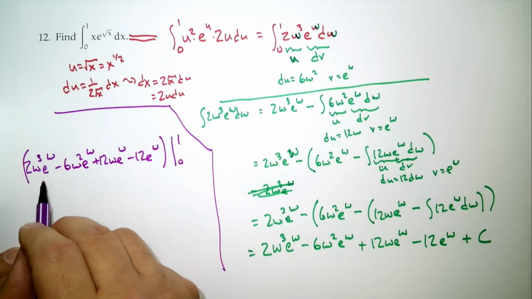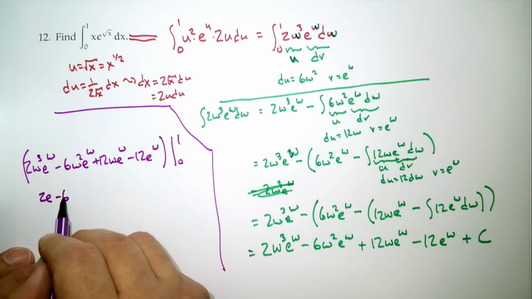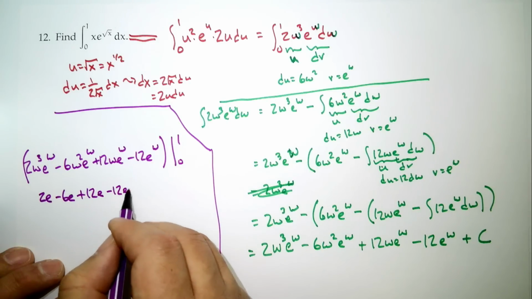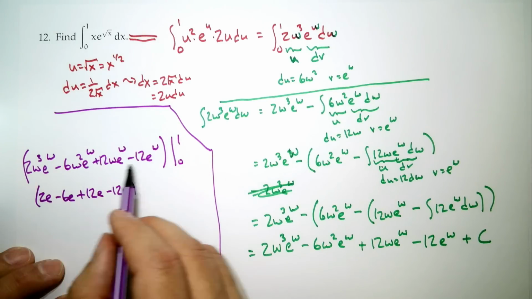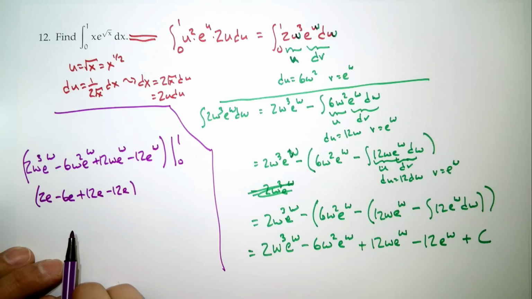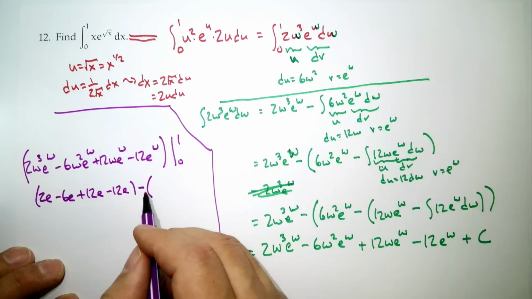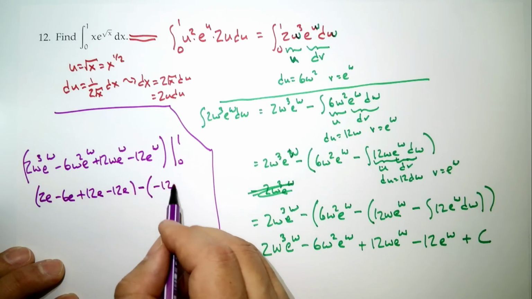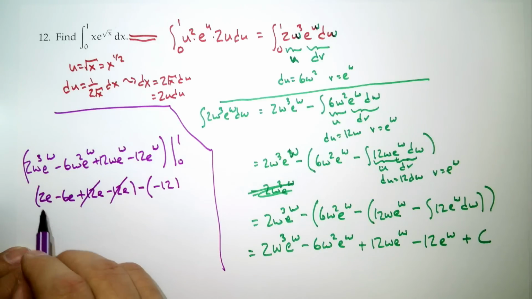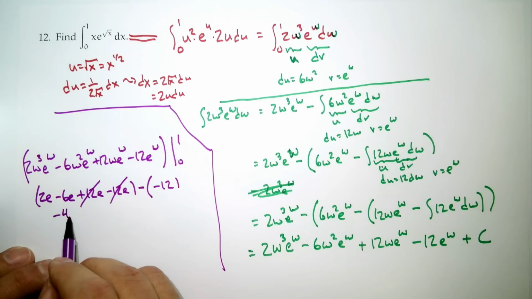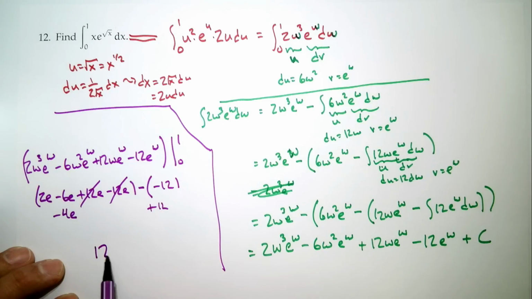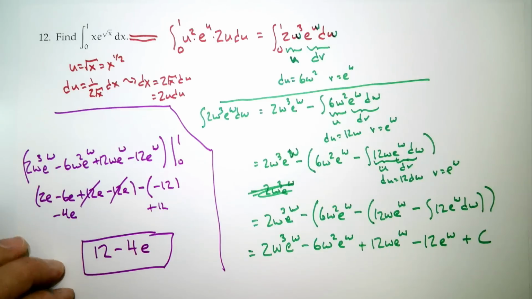We're going to get 2e minus 6e plus 12e minus 12e. Subtract, plug in 0: 0, 0, 0, negative 12. The 12e's cancel. 2e minus 6e, that's negative 4e. Minus minus 12 makes plus 12. So we get 12 minus 4e.